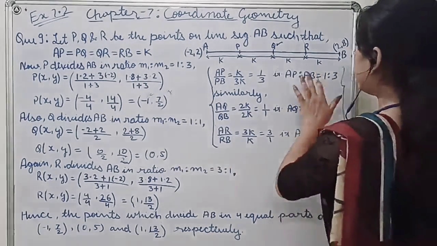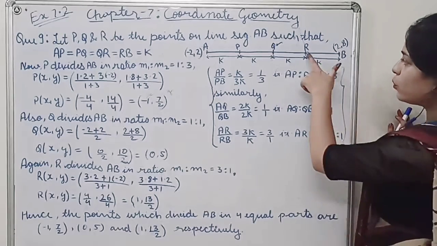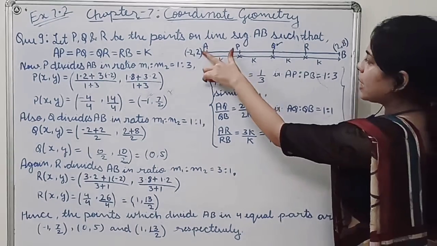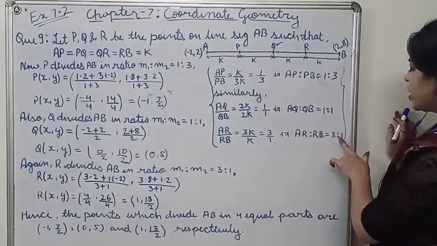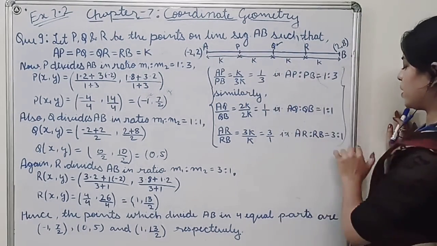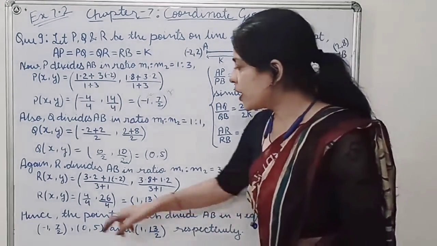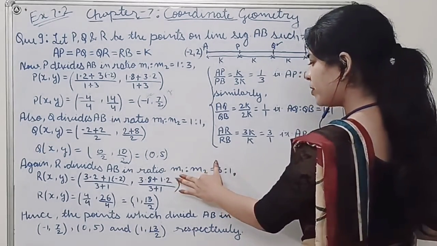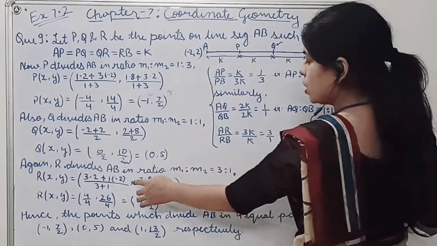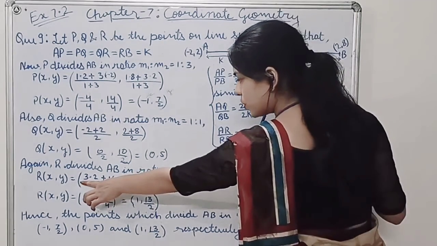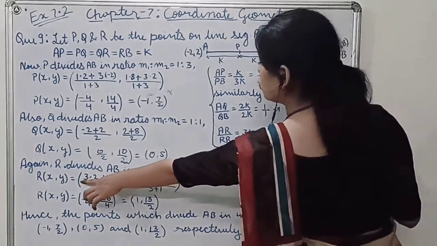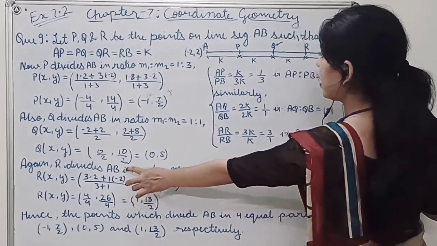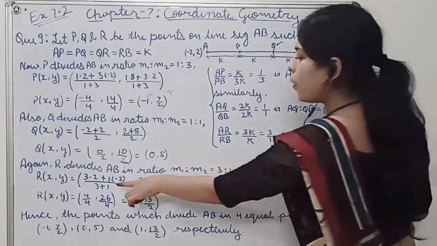Okay, now we have one more point, R. Point R is dividing AB in the ratio 3:1, meaning 3 equal parts and 1 equal part. So the coordinates of R using the section formula will be, with the ratio of division m1 is to m2 being 3:1, m1 is 3 into x2 plus m2, which is 1, into x1, where x1 is minus 2, upon 3 plus 1.